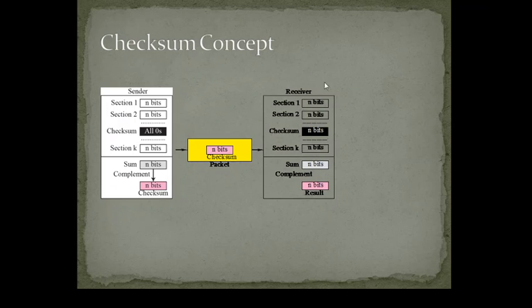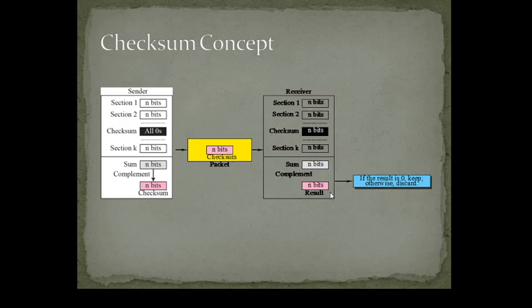So here we add all these values and get the n-bit value. Then we complement it and get the n bits. Now if this result is 0, we accept the packet, or else we discard the packet.